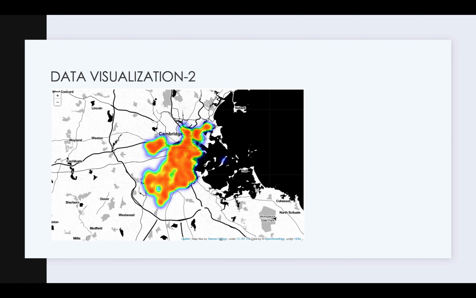This is another data visualization that I did for the Boston Police Department. This is basically showing the areas with the most crime. You can see in downtown Boston, where the color is almost orange, which shows most of the crimes are happening in downtown Boston.